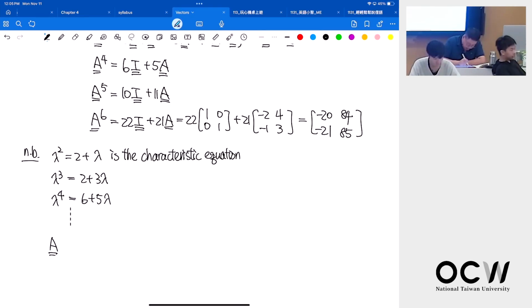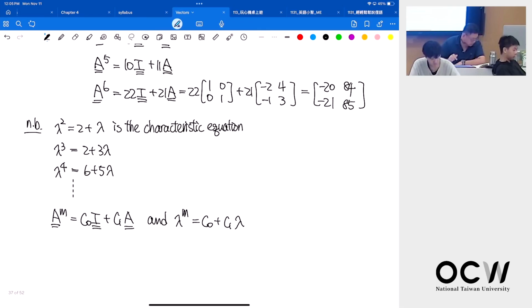Then I can change to A to the m will be c0 identity matrix plus c1 A. And also lambda to the m is equal to c0 plus c1 lambda. Then we just need to solve c0 and c1.